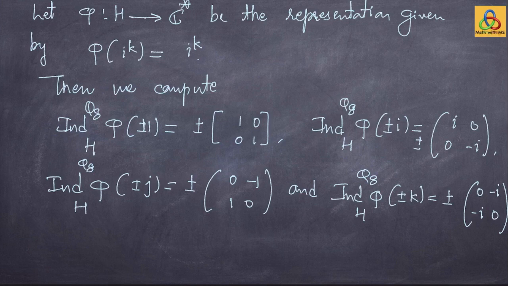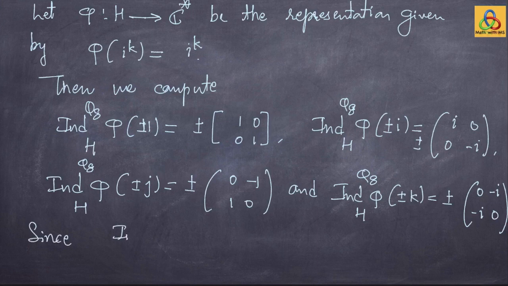Is this induced representation, induction of phi from H to Q8, irreducible? You can easily check that it is irreducible because it is a degree 2 representation, and either you can compute the character of the induction, or you can use the fact that a degree 2 representation is irreducible if and only if the elements of the group G do not have a common eigenvector.